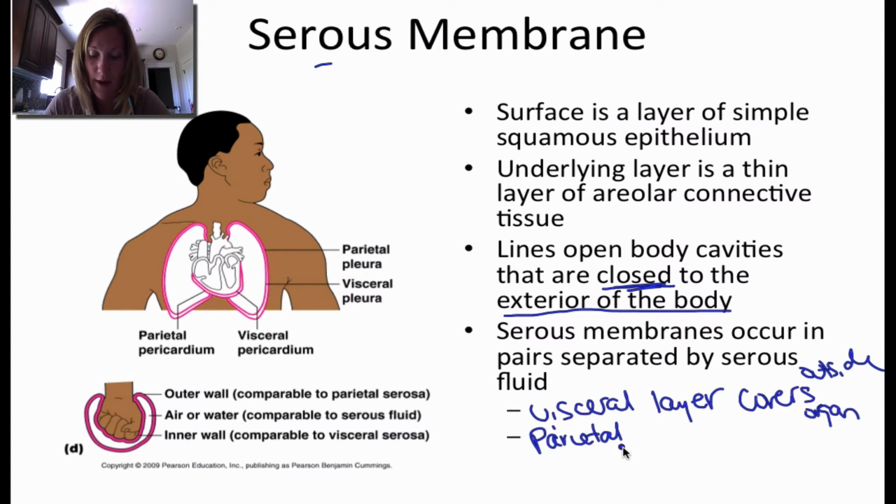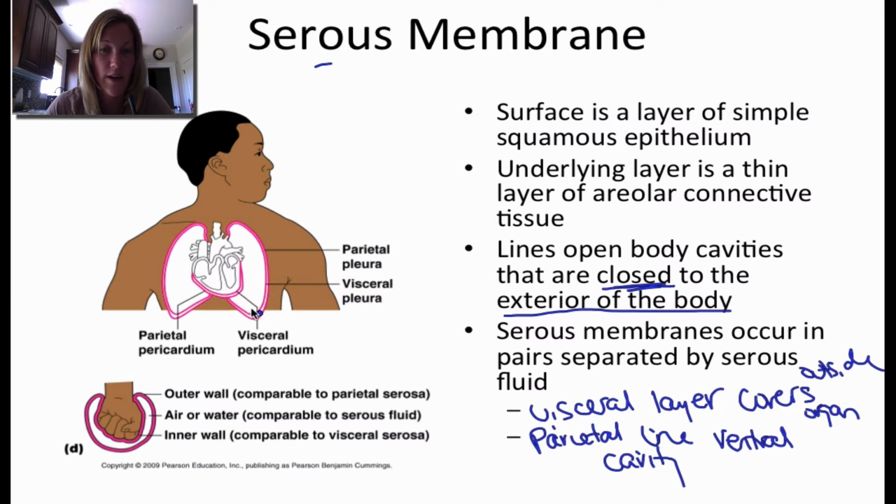The parietal layer. Okay? This is going to line the ventral cavity. So if we look at the parietal layer, it's going to be the second layer.